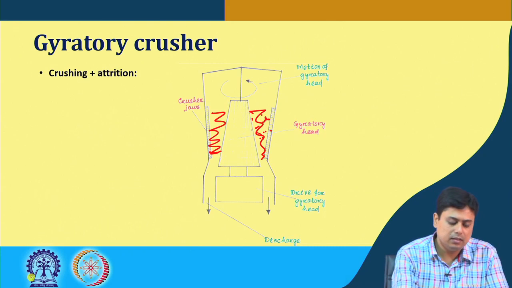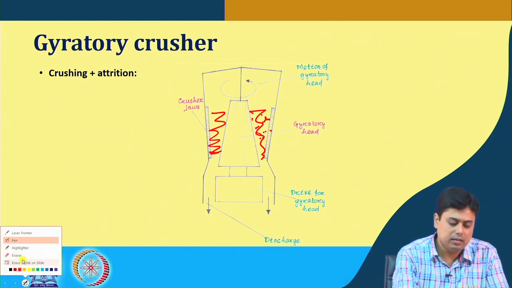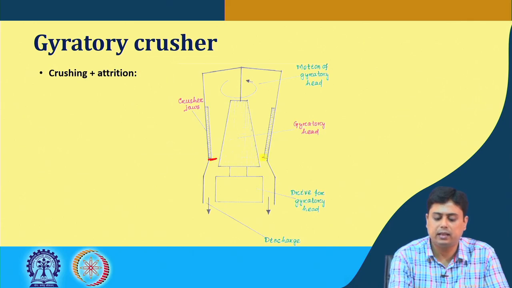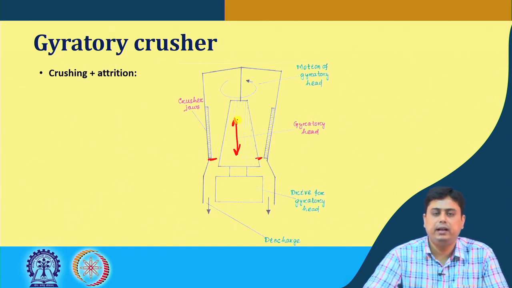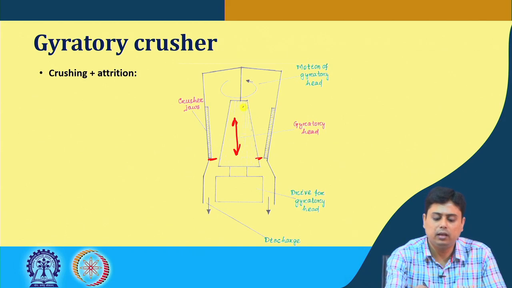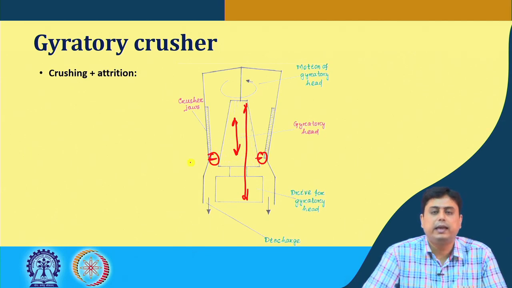Now in this case, the product size can be maintained by adjusting this gap, which can be adjusted by placing the gyratory head in an appropriate manner.